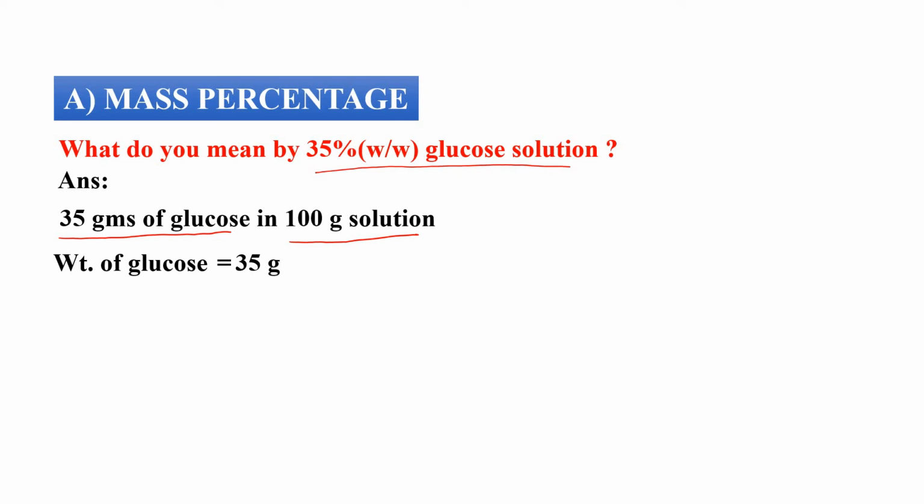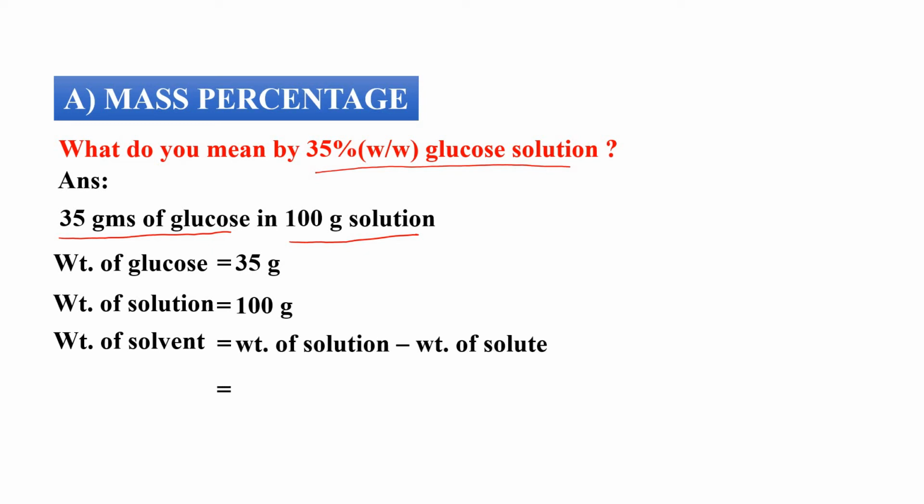How do we calculate the weight of the solvent? The weight of the solution minus the weight of the solute gives the weight of the solvent. So the weight of the solvent is 65 grams.